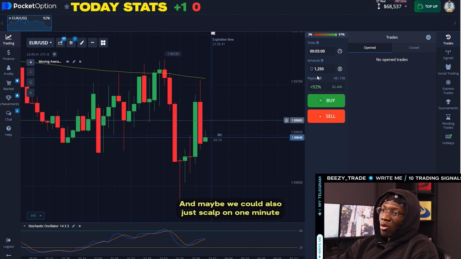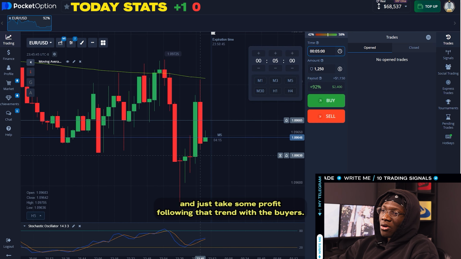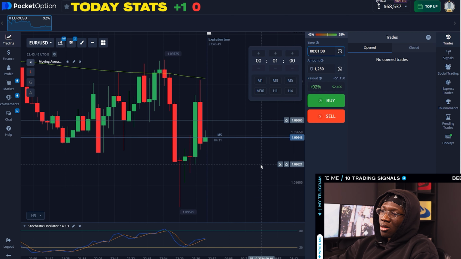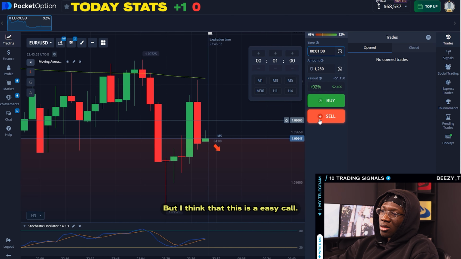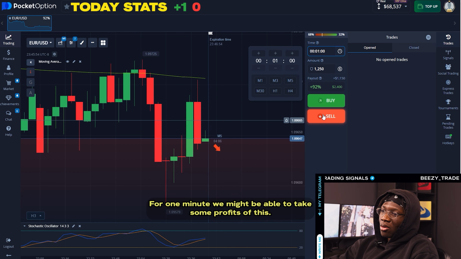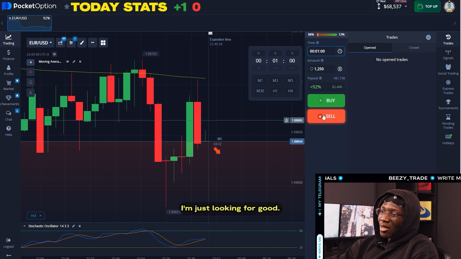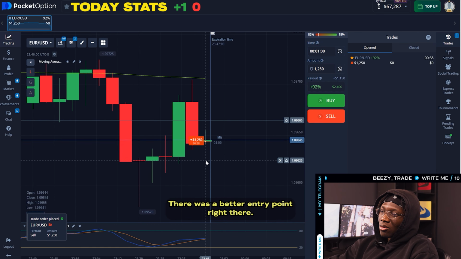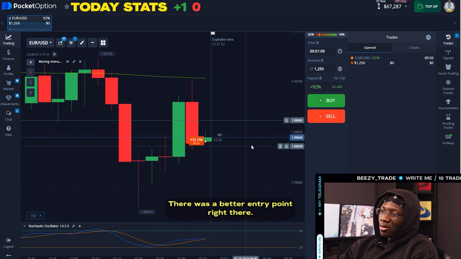And maybe we could also just scalp on 1 minute and just take some profit following that trend with the buyers. But I think that this is an easy call for 1 minute. We might be able to take some profits off this. I'm late with my entry. There was a better entry point right there.